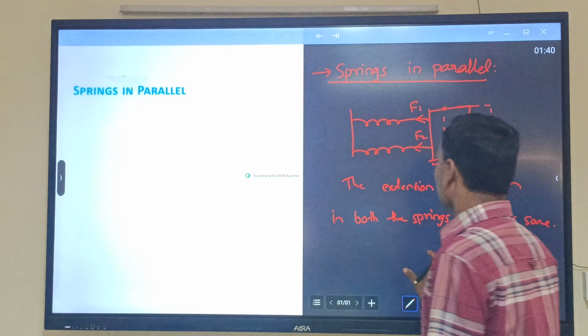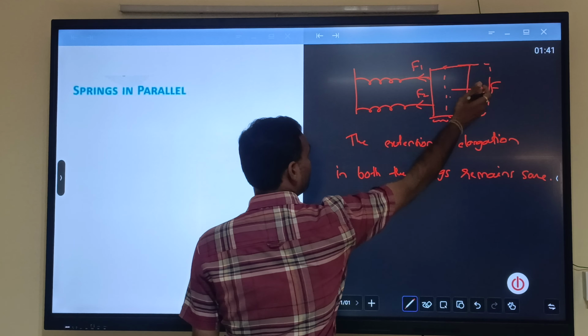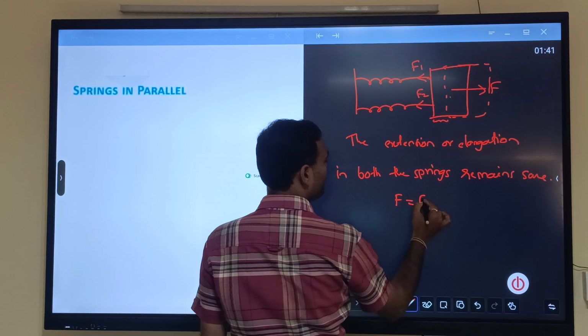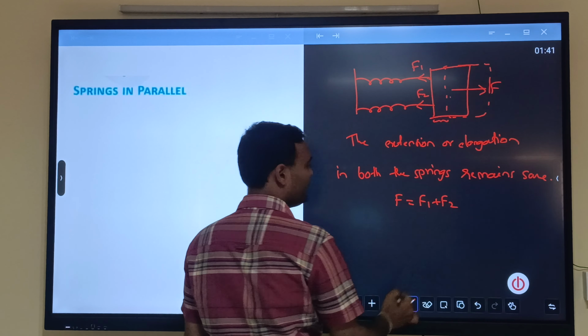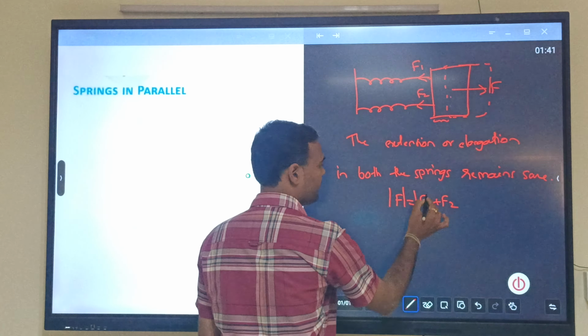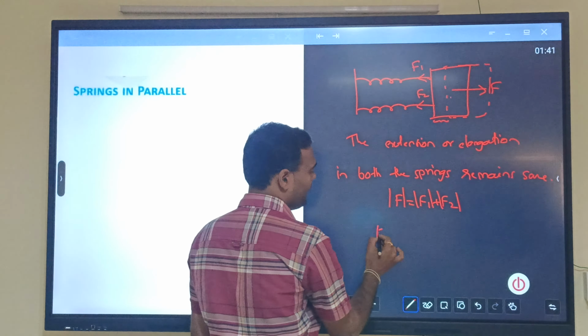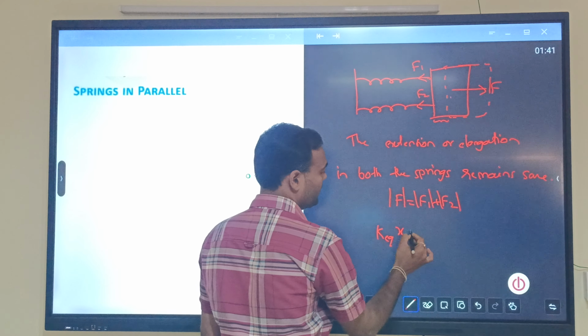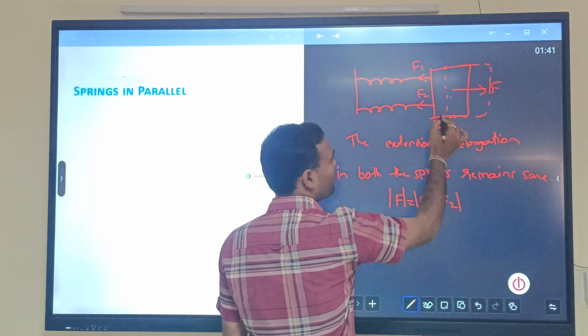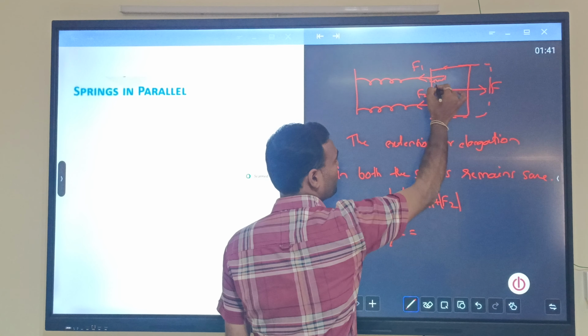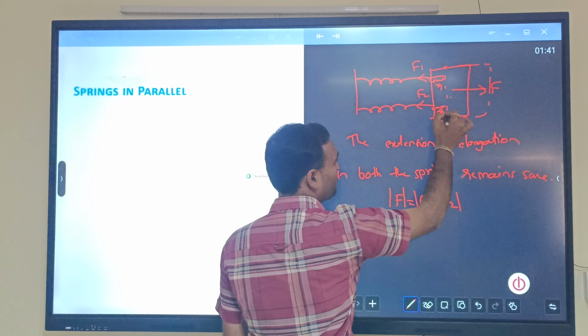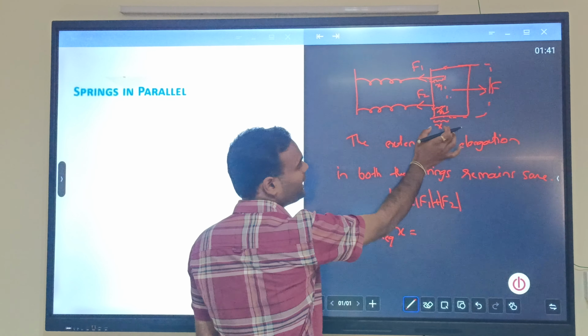Now, second point, the total force acting is equal to F1 plus F2, and of course, for the sake of simplicity, you can consider magnitude only, and K equivalent into elongation x. Here x1 is the extension in the first spring, x2 is the extension in the second spring, and x is the total elongation.